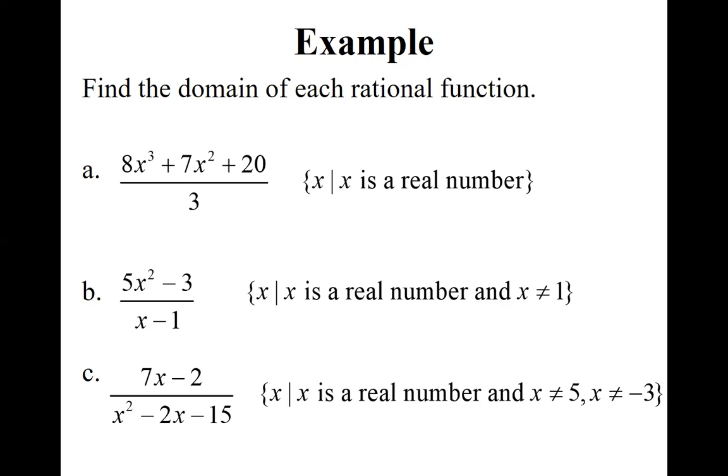And when we solve, we get x equals 5 and x equals negative 3. So those are the values that would make the bottom of this rational function 0. Those are the values that are not allowed. So the domain, what is allowed, would be the set of all x such that x is a real number and x is not 5, x is not negative 3.